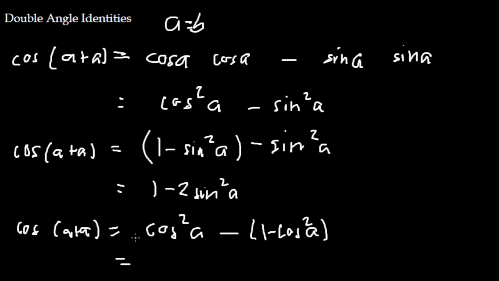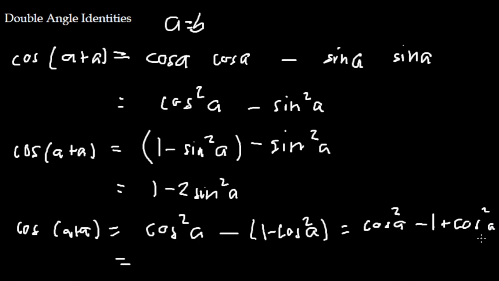Since negative, let's distribute. We can write this as cosine squared of A minus, so magiging minus 1, then this one to negative. Negative times negative is positive. So magiging positive siya, cosine squared of A. Now, let's simplify.